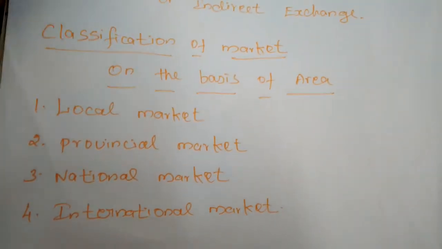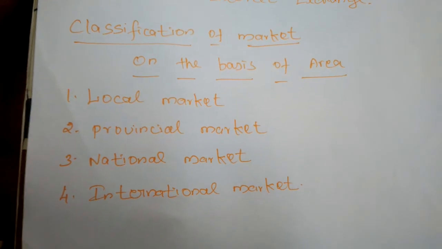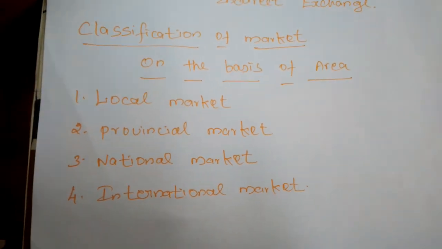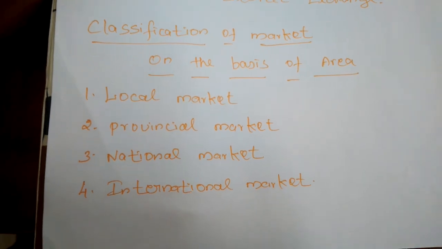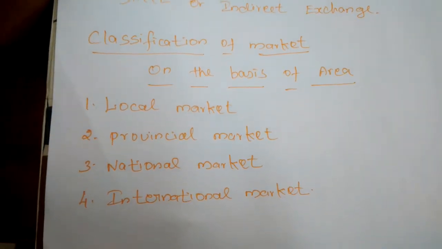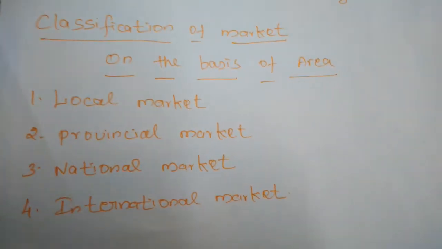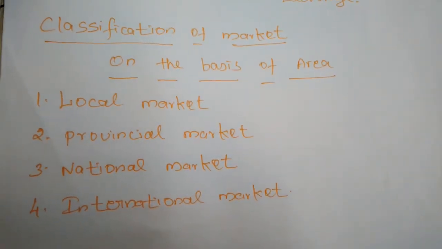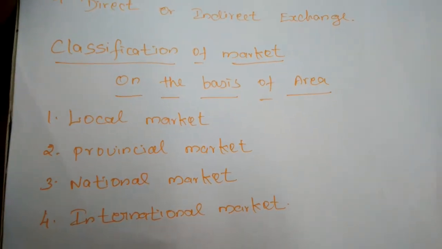Next, we studied the classification of markets. We can classify markets on the basis of area into four types. The local market: in this local market, the product is produced within the boundaries of a particular place, and the produced product is also sold within the same area.